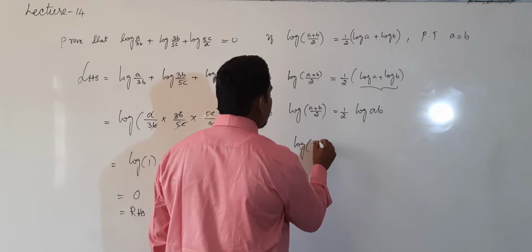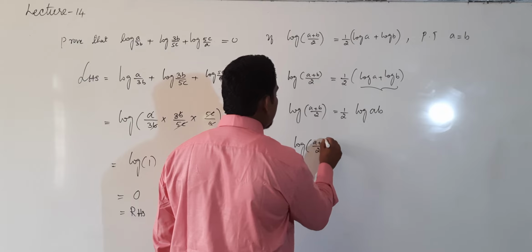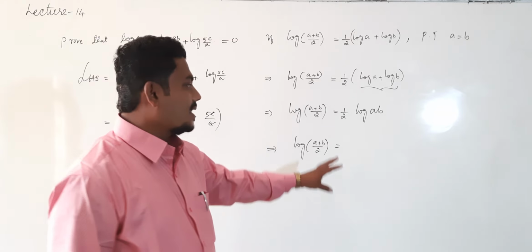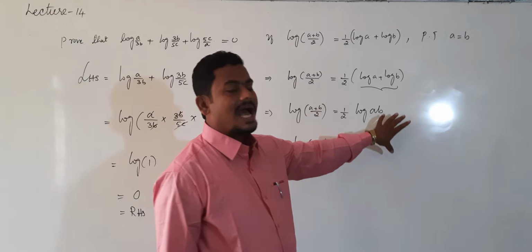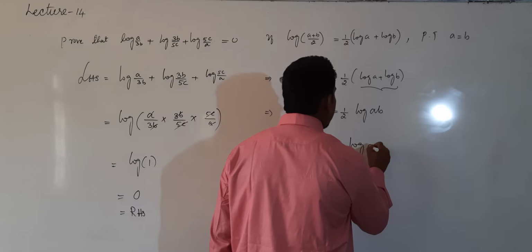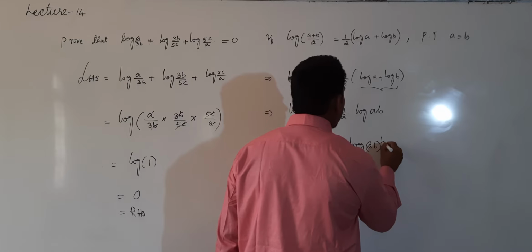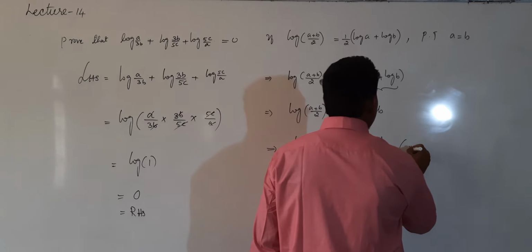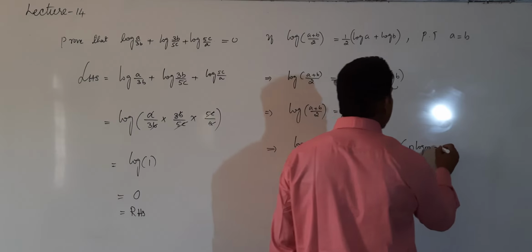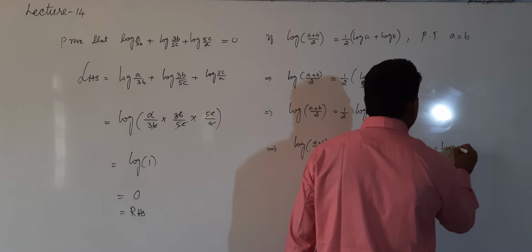After this, log of (a plus b) divided by 2 equals, it is just like n into log m. It will be log of (a into b) whole thing power 1 by 2, because of the n log m property. N into log m is equal to log of m power n.